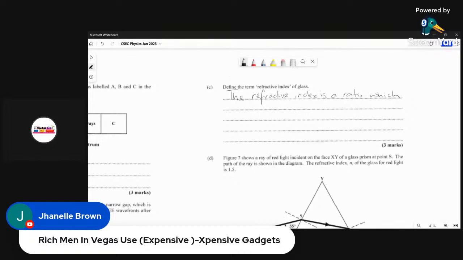But the reason why we choose speed is because it is the change in speed that is causing it to be bent. So that's why when we're defining it, we just talk about the speed of light.